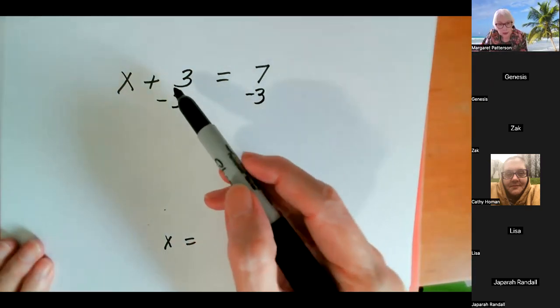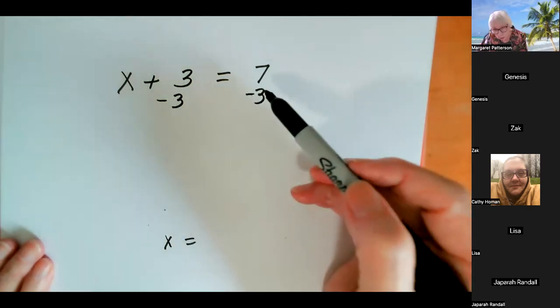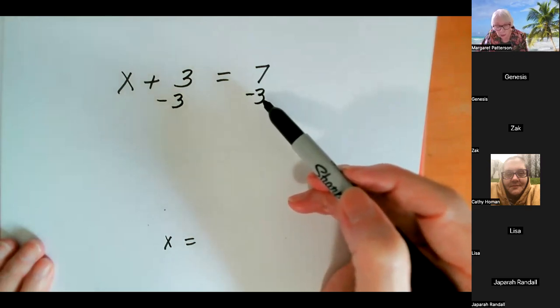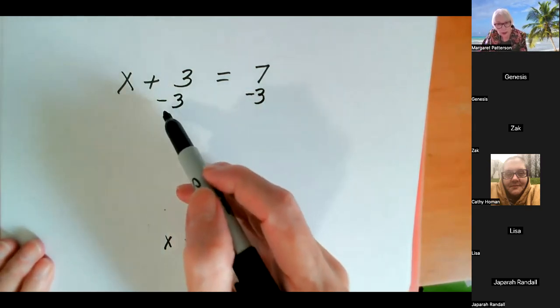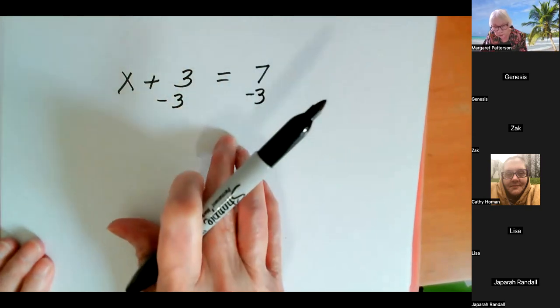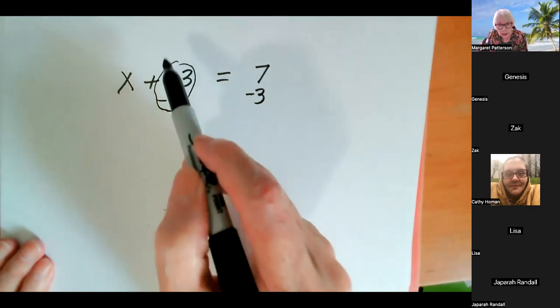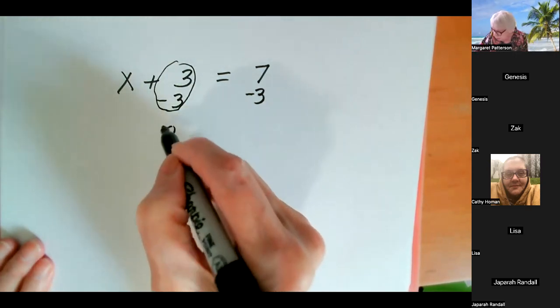But nevertheless, once I do it to the left side, I am forced to do it to the right side. So don't be hoping you'll remember to do it at the same step. I took 3 away from this, I'm going to take 3 away from that. And then they still should be equal. The plus and the -3, if you add 3 and subtract 3, you get 0.